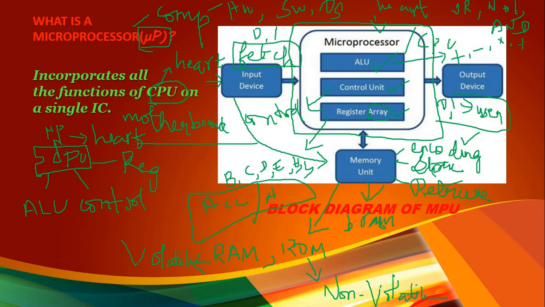This is called decoding. What is decoding? Converting binary values to a user-defined language is called decoding. Once it is decoded, it will start to execute the operation.